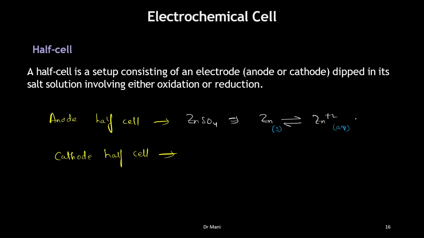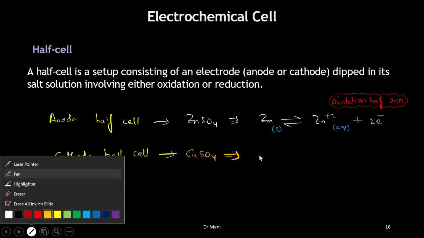Here the electrons are liberated. So which reaction is this? Oxidation reaction, sir. Yes, oxidation reaction. Next one is the cathode. At the cathode, what is the thing that we found, Sharan? CuSO4, copper sulfate. So what happens here?